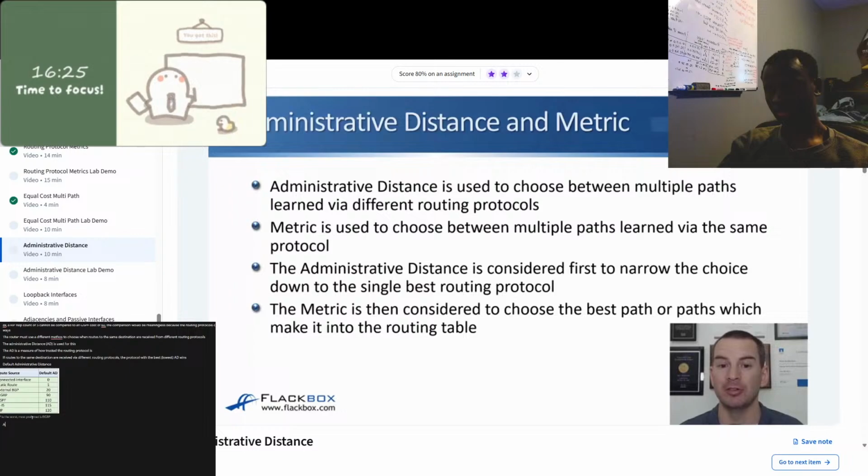So administrative distance is used to choose between multiple paths learned via different routing protocols. Metric is used to choose between multiple paths learned with the same routing protocol.